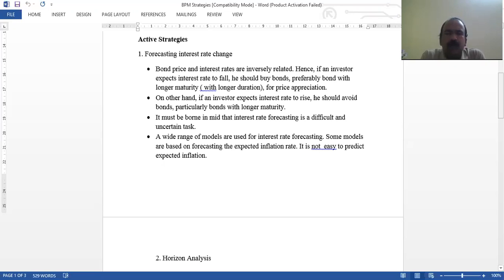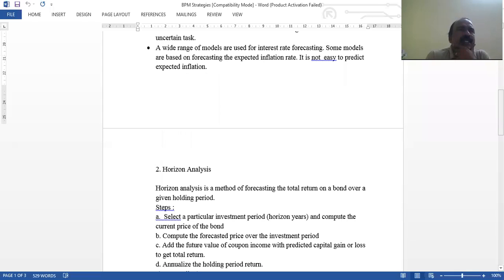It must be borne in mind that interest rate forecasting is a very difficult and highly uncertain task. A wide range of models are used for interest rate forecasting. Some models are based on forecasting the expected inflation rate, which is also not easy to predict. By forecasting the inflation rate, you can forecast the interest rate, but these are highly uncertain models.